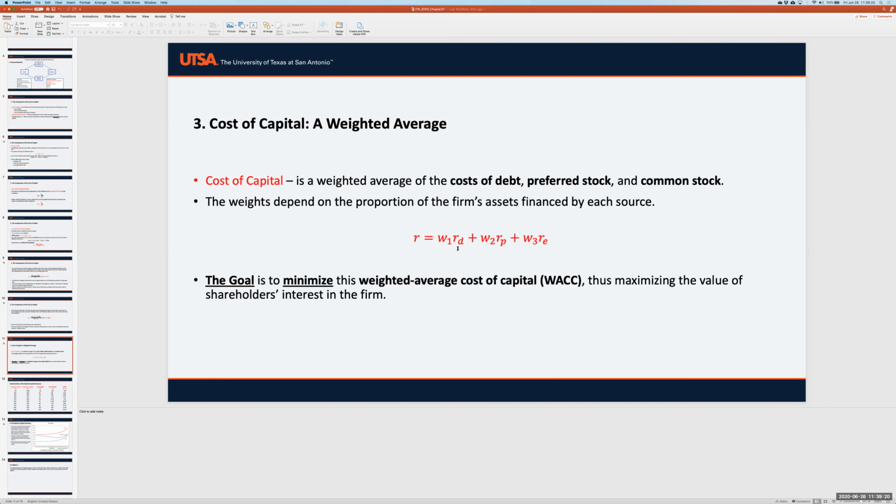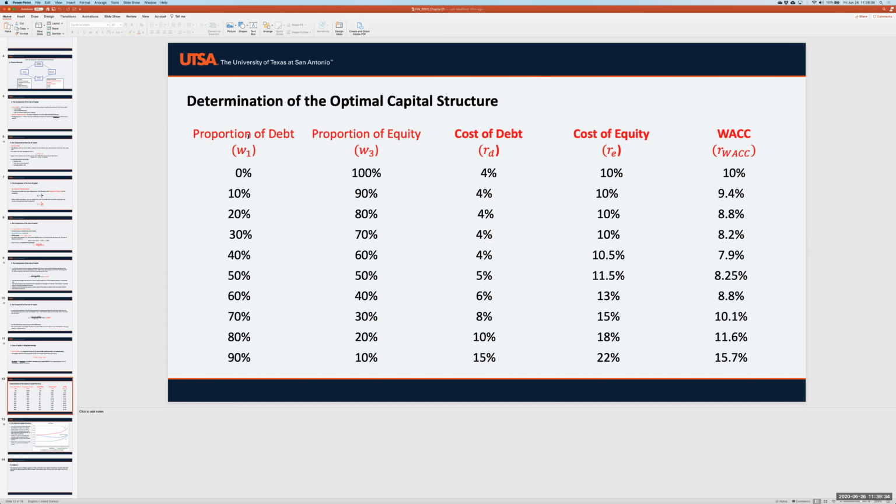The company only has some amount of debt and some amount of common stock. So just ignore W2 and RP, just for simplicity, and I'm showing you only W1, which is the proportion of debt, and the proportion of common equity, right? So the cost of debt and cost of equity.